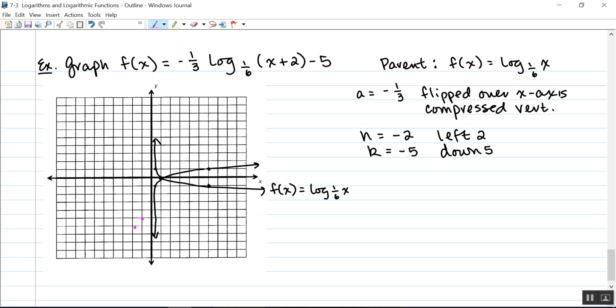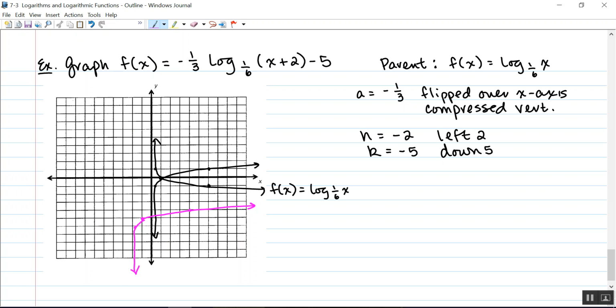And then this point here, left 2 and down 5. 1, 2, 3, 4, 5. Okay, there we go. So my final graph is going to look something like this, and it is asymptotic to the line x equals -2.